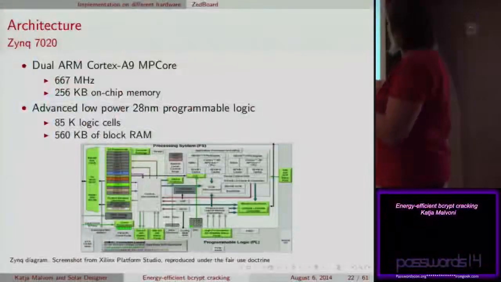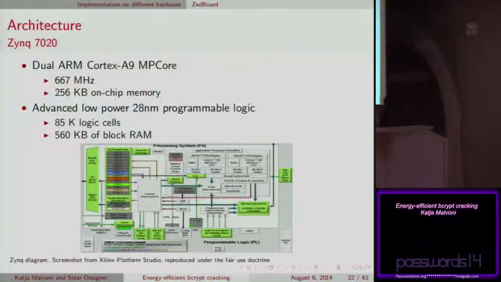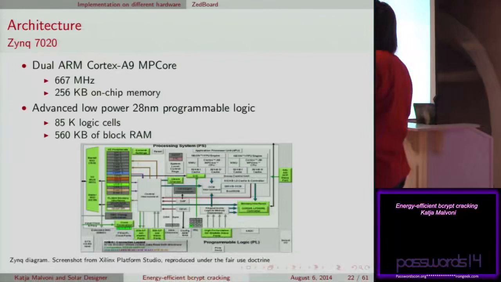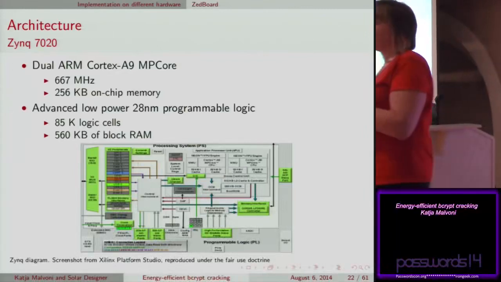At one point, I had a draft of slides which were almost unclear to me. So if you have questions during this time, feel free to ask, because it might not be so clear. This is the architecture of the Zynq board. It's a hybrid platform: ARM Cortex with FPGA logic.